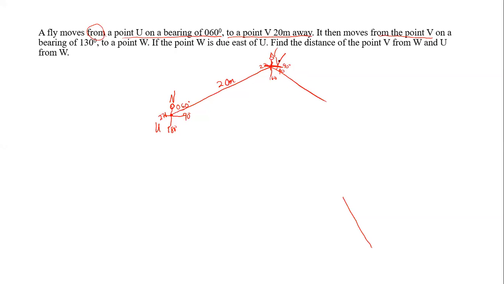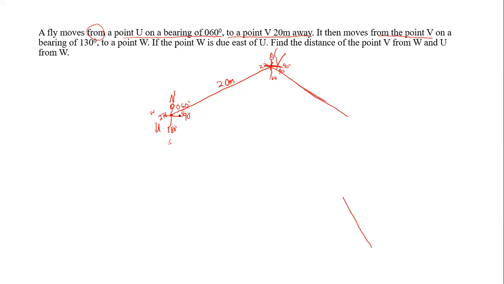They did not give us the length of this one to a point W, and they just said W can be anywhere here, but they said W is due east of U. This is U, this is north, this is south, this is west, this is east.